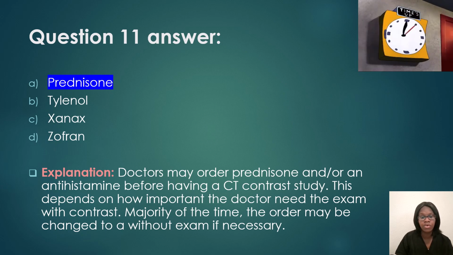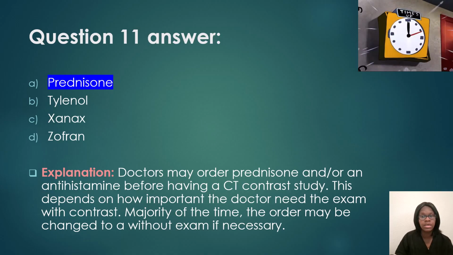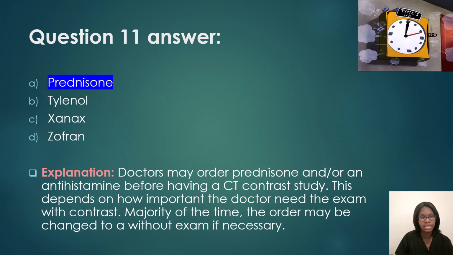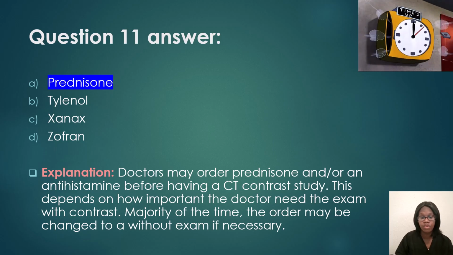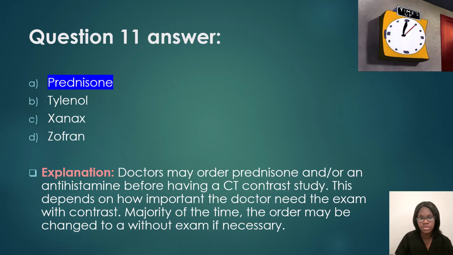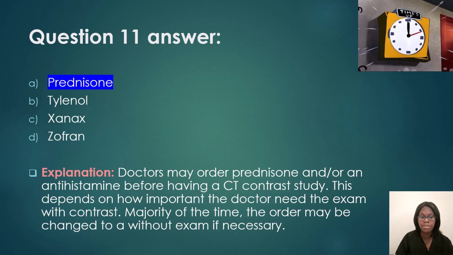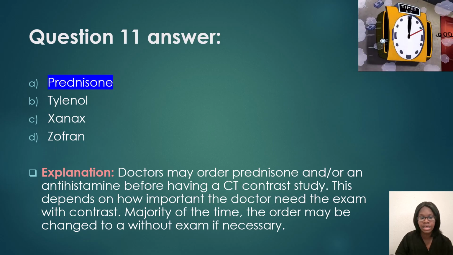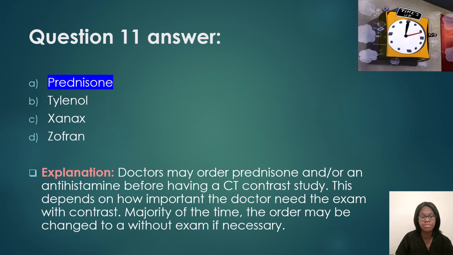Majority of the time, the order may be changed to a without exam if necessary, but if it's a stroke patient, or they're trying to rule out a stroke, or the patient has trauma, then it may call for a patient to have iodine if it's a life-saving exam. But if the doctors and the radiologist feel like the exam can be done without iodine and you can still get great results, then the order will most likely be changed.